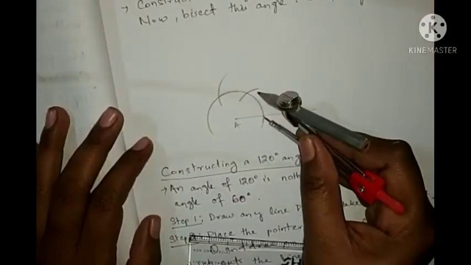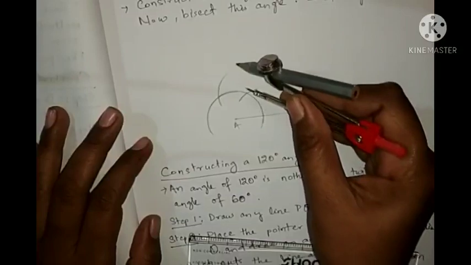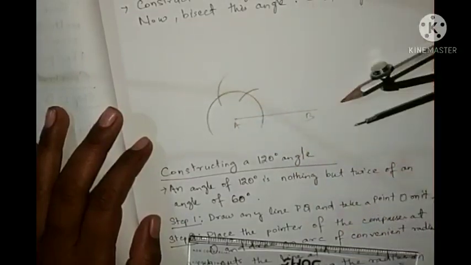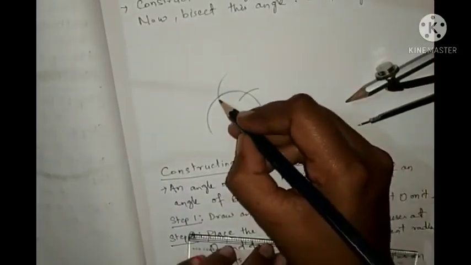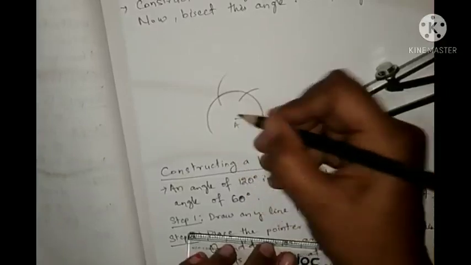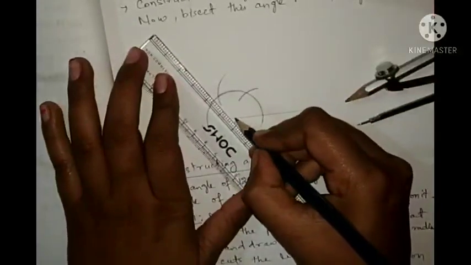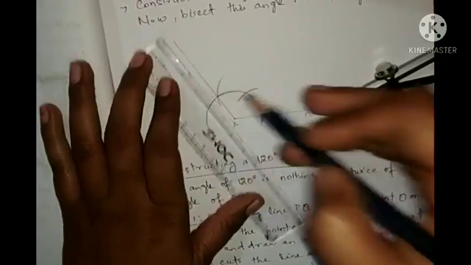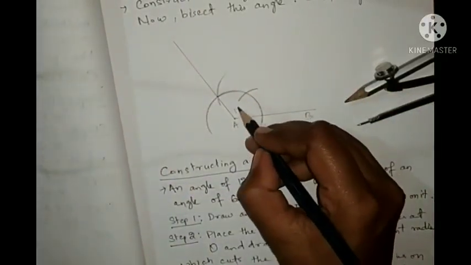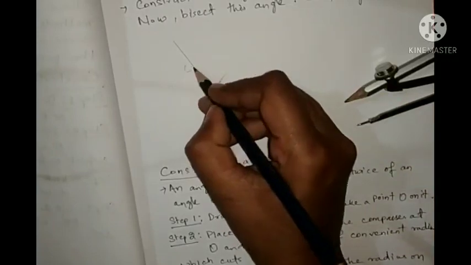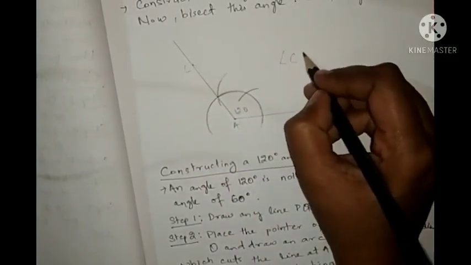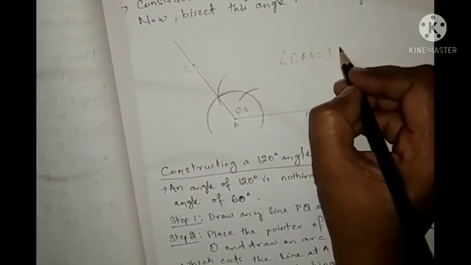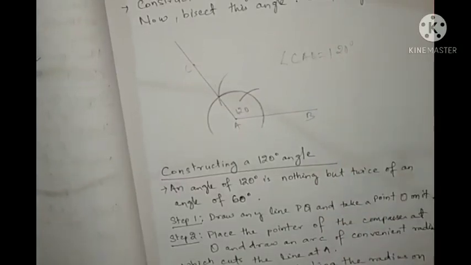So in the arc you have the first cut point, then the second cut point, and join this second cut point and A. So this is our 120 degree. If this is C, we'll mark it angle CAB equal to 120 degree.